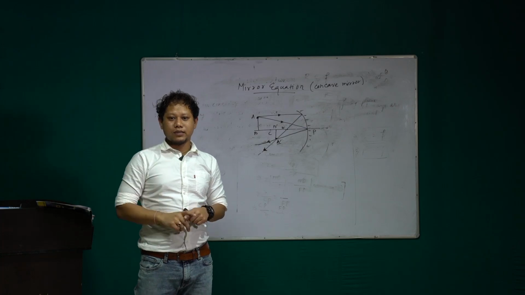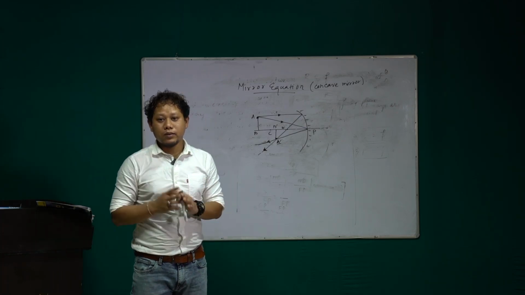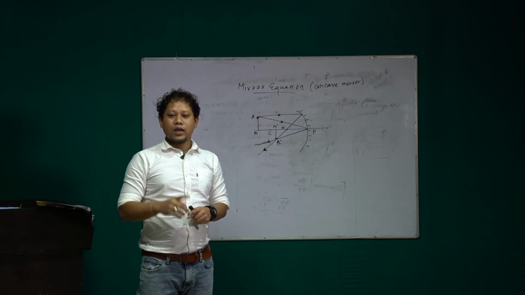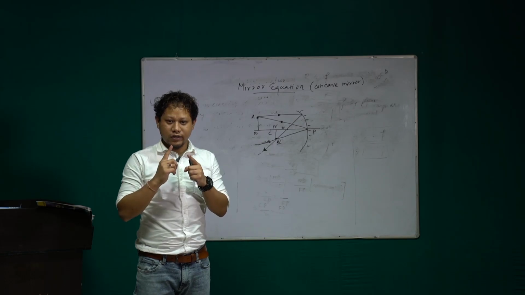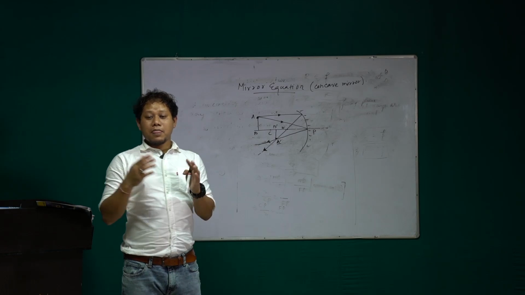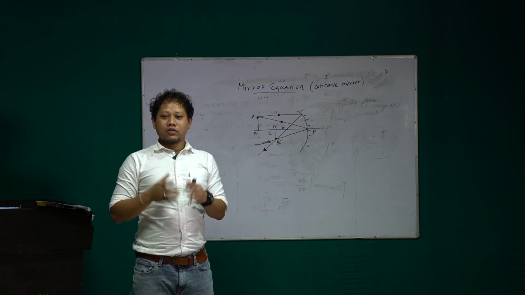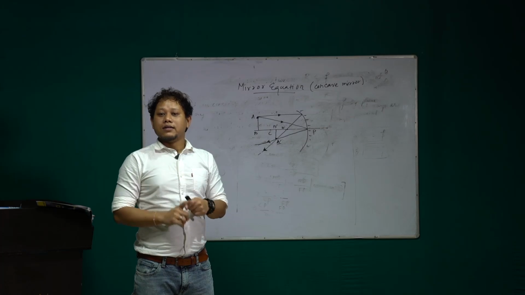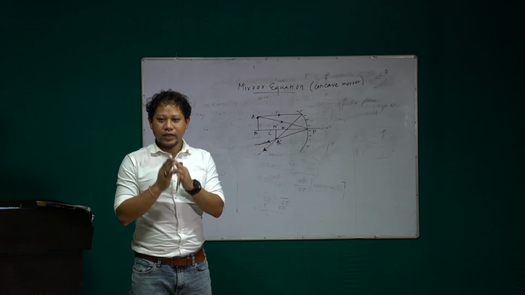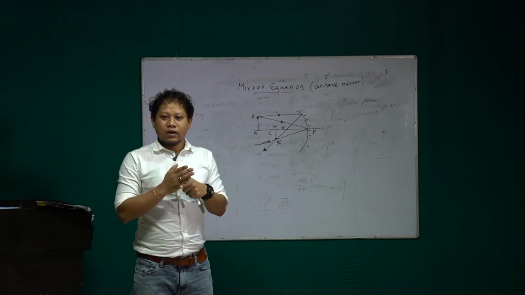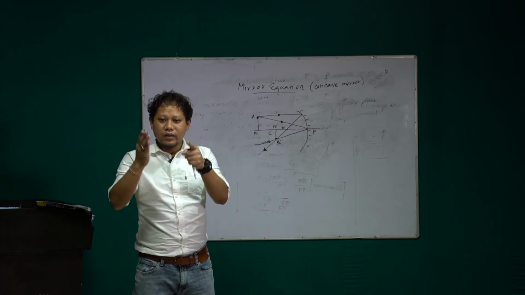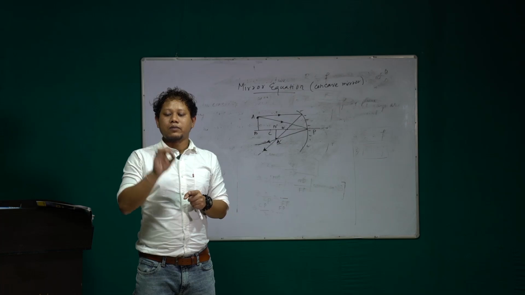There are two types of images, as you have already learned: one is real image, another is virtual image. An image is real when two reflected or refracted rays actually intersect, or actually converge to a particular point. A virtual image is formed when the two rays after reflection or refraction do not meet at a single point, but appear to diverge from a particular point when produced backward.